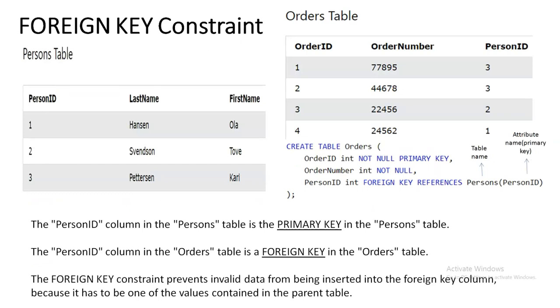Whenever trying to insert into the orders table, first check whether those values are present in the base table. And the second constraint is, whenever I am trying to delete from the base table, it should be deleted from the foreign table first and then deleted in the base table. So that's it about the constraints of DBMS.